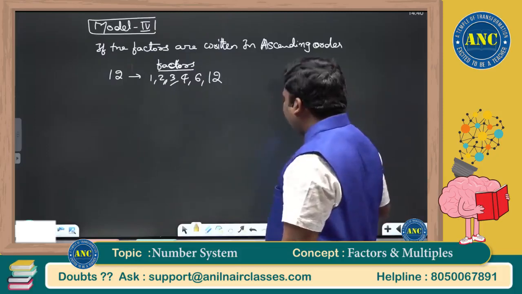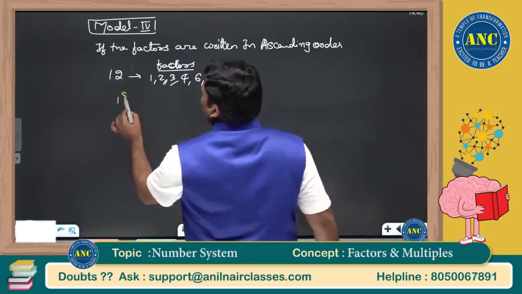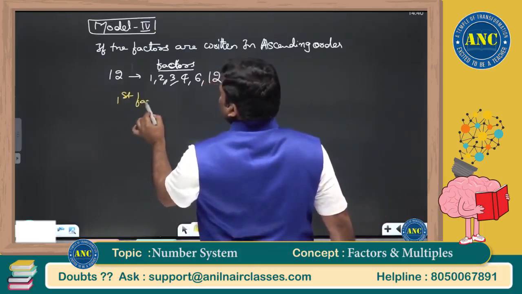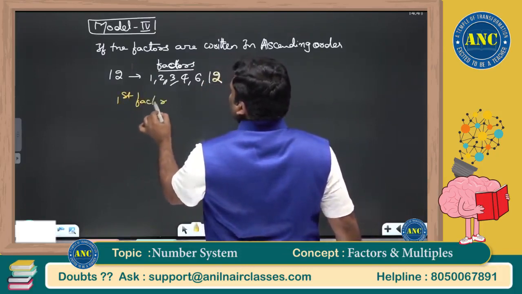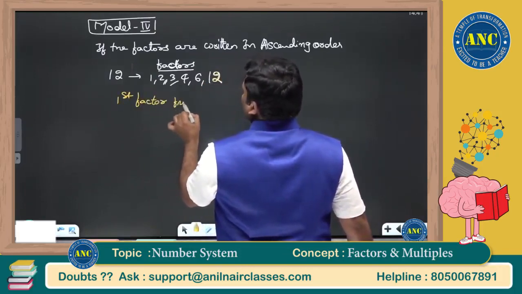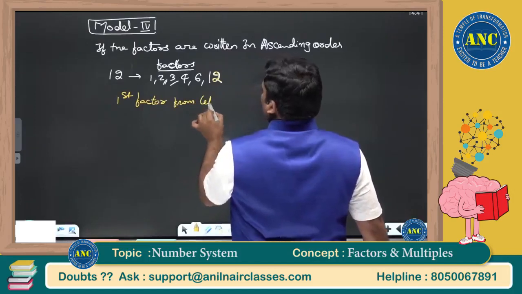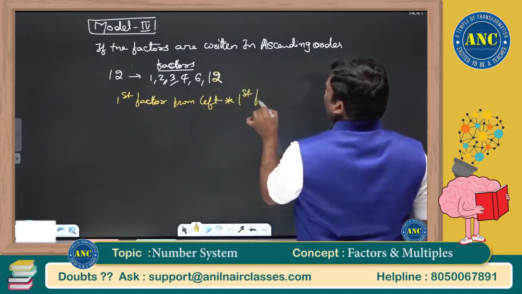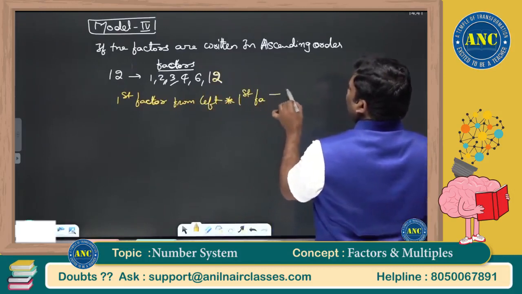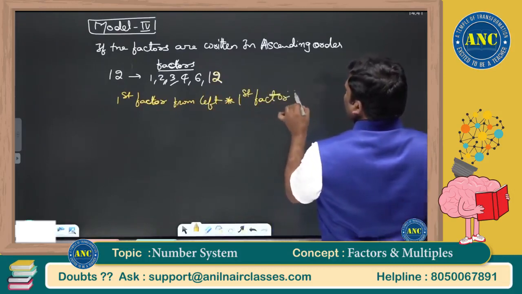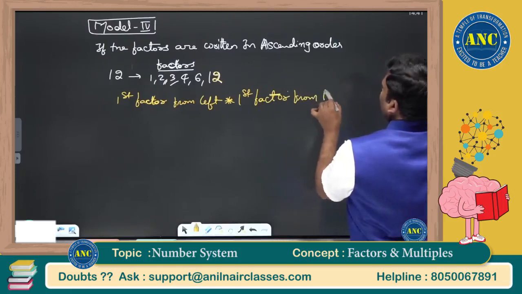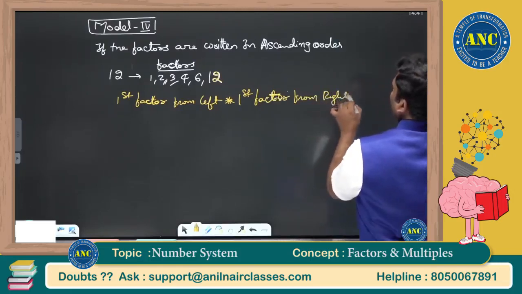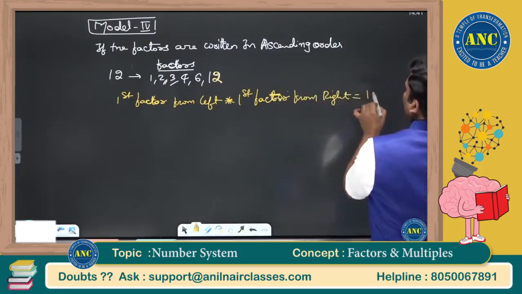Now if you observe, first factor from the left into first factor from the right is equivalent to the number.